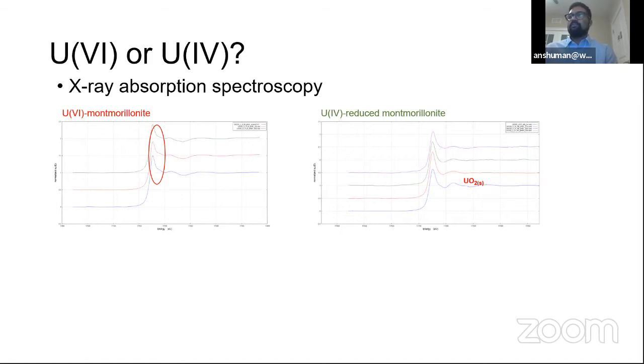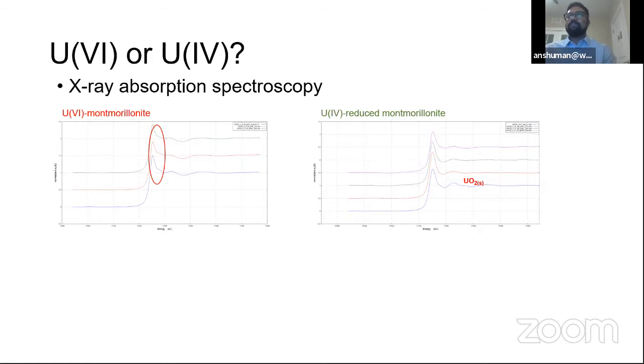And again, at the bottom of the right side graphic, you can see the spectra generated for UO2. One thing you should be able to notice is the difference in the shoulder part of the left-hand side and the right-hand side. So the U6 spectra is remarkably different from the U4 spectra.